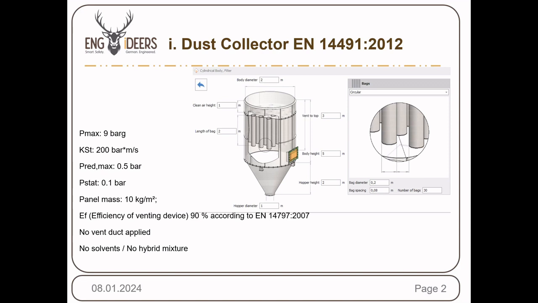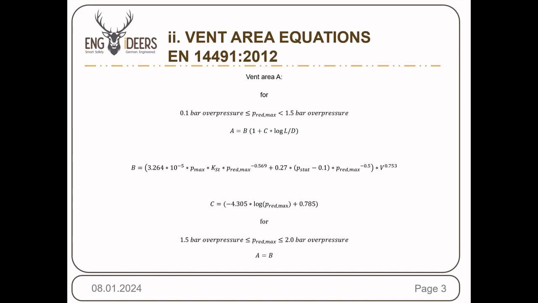So we go to the next slide, I just give you an overview about the different equations which are given in the EN 14491 in 2012. These equations are empirically derived equations.